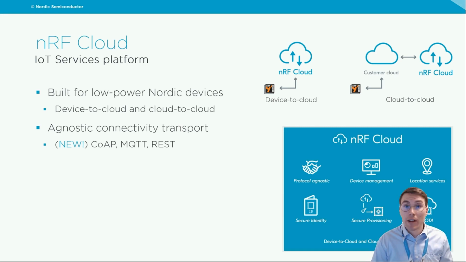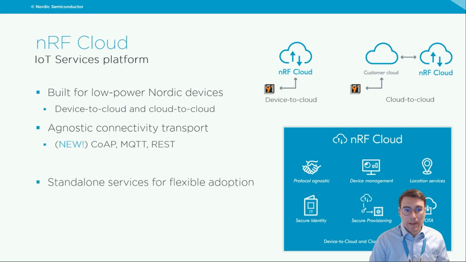So this is a very nice new feature that is coming on nRF Cloud. We also have standalone features for flexible adoption. What we mean by that is that you can pick and choose what services that you need for your application, and you can, whenever you want, disable these services if you don't like them.